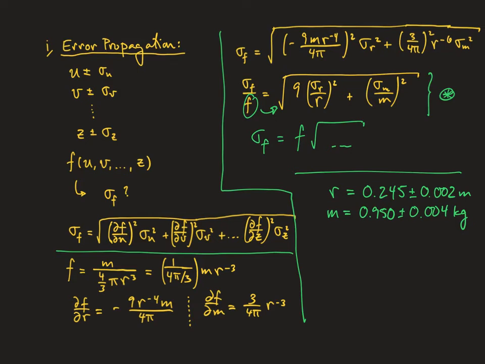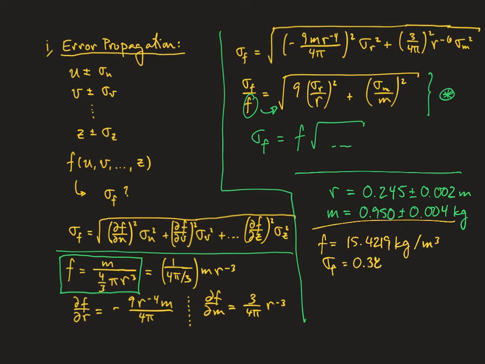And when we do that, as well as in our original expression for f down here, we're going to find that f is equal to 15.4219 kilograms per meter cubed, and sigma f is 0.3832 kilograms per meter cubed.